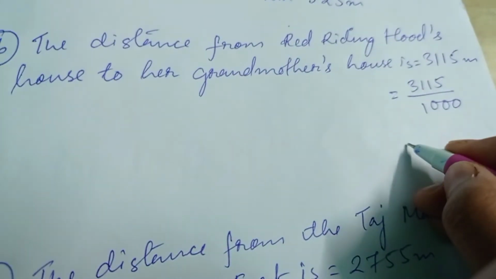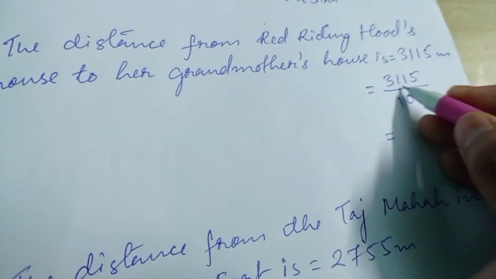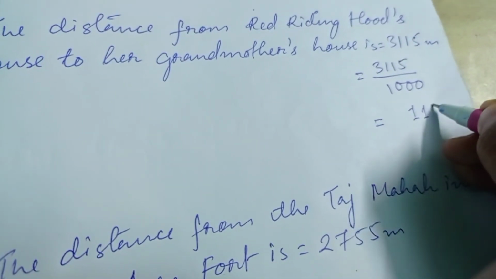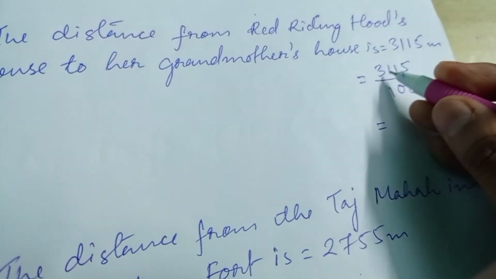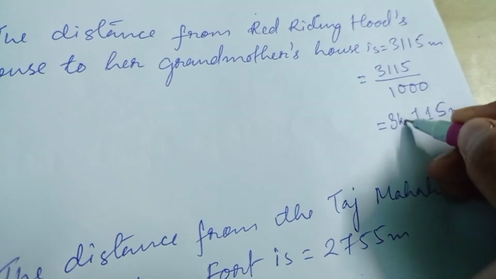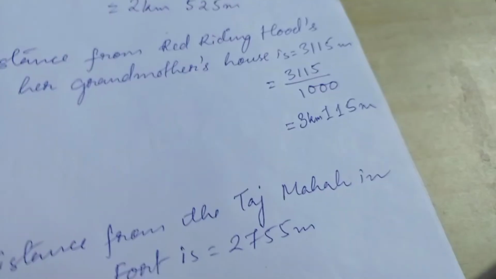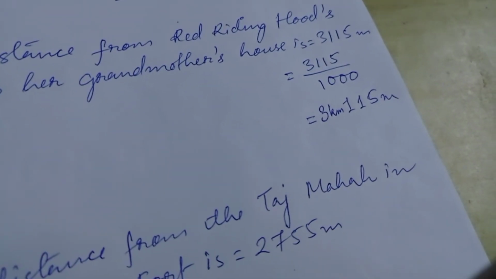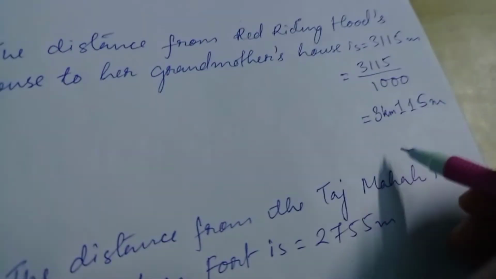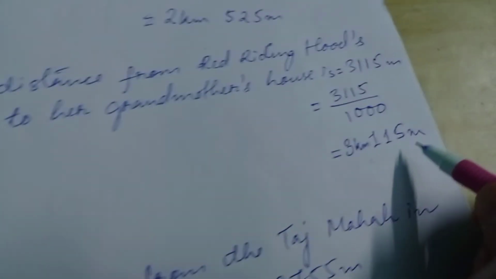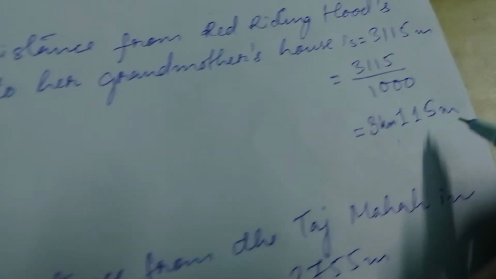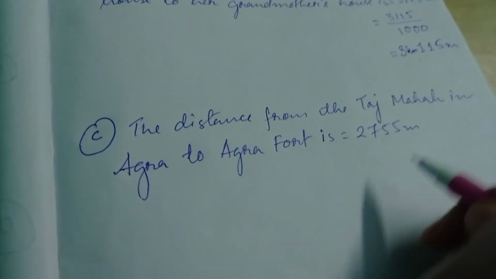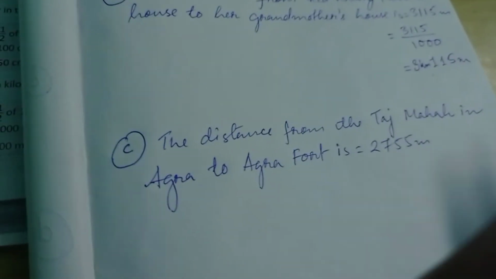So whatever is in the last three numbers, that means up to the hundreds place, you need to write in meter, and whatever remains is in kilometer. Or you can say that when you divide it, the quotient is in kilometer, and whatever remains, that means the remainder, is in meter.